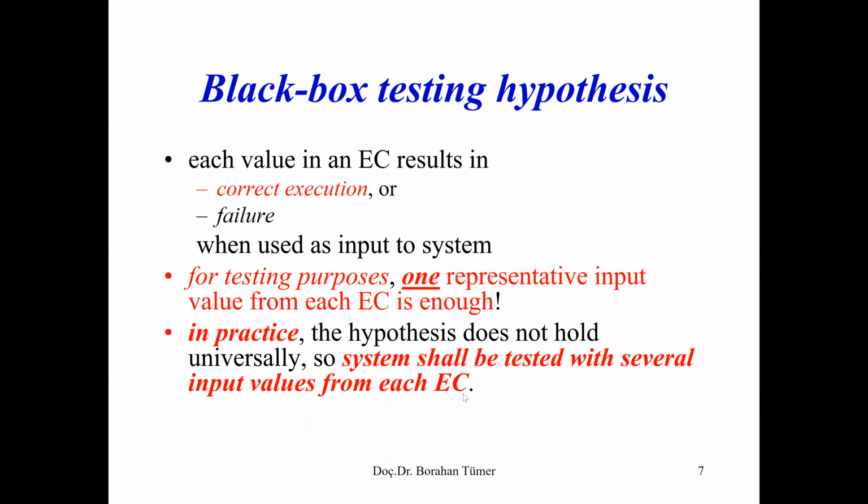Do you understand this black box testing hypothesis? Theoretically, one representative input for each equivalence class is enough to test the system's behavior for that class. But in practice, this hypothesis does not hold universally. So we should test the system with several inputs from each equivalence class. Do you understand that, ladies and gentlemen?